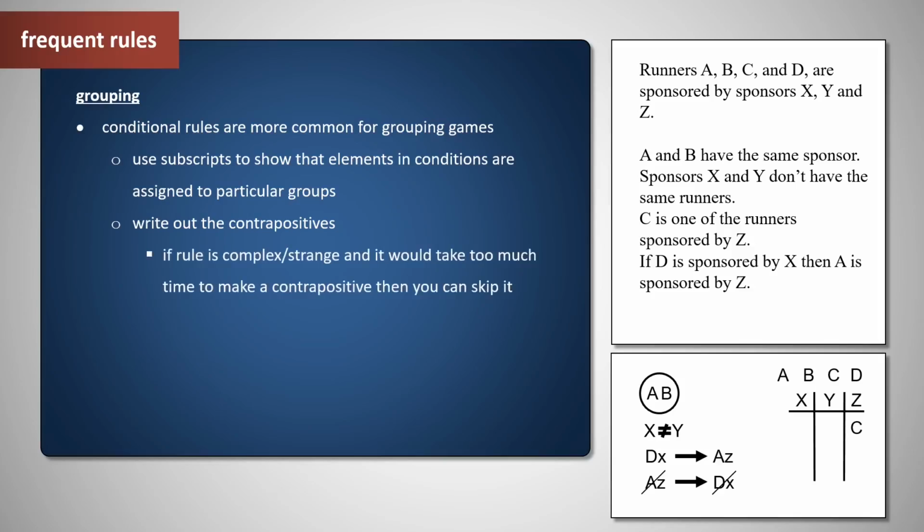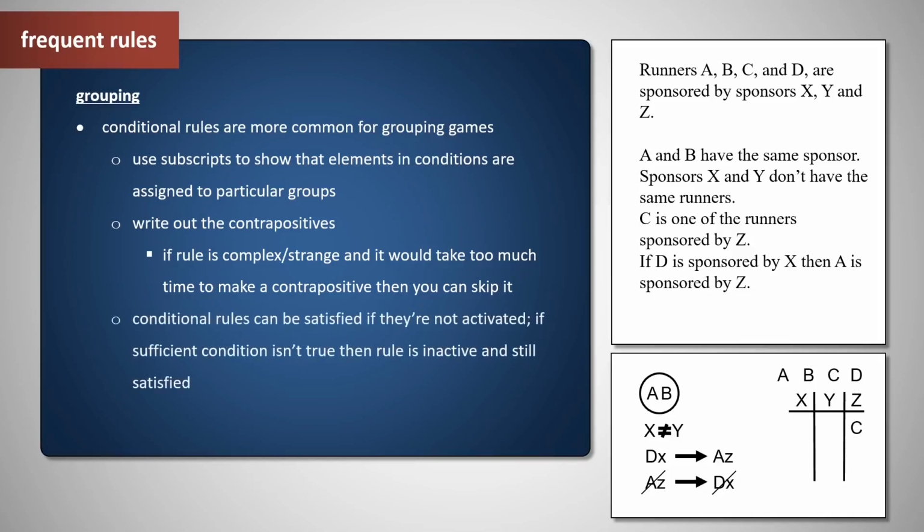Now, a caveat is that if the rule is complex or strange and it would take too much time to make a contrapositive, if you find yourself sitting there thinking, okay, what would the contrapositive look like here? How do I translate it? Then you can skip it. It's really only for situations where it's just a mechanical flip and negate. Then you can put the contrapositive in there right away.